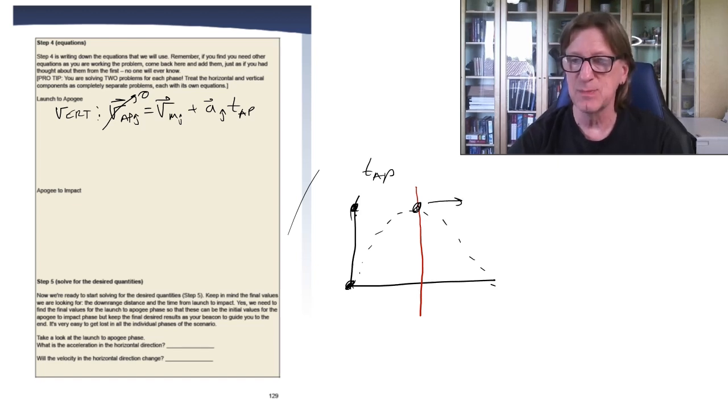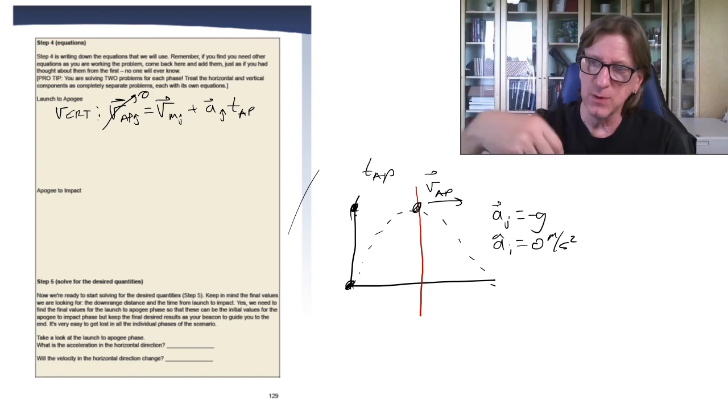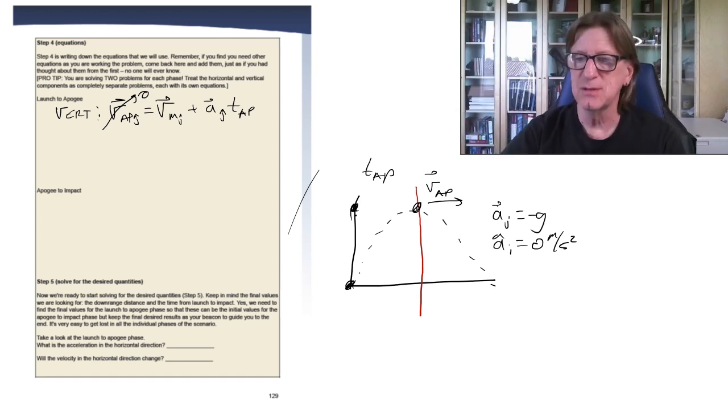So this is my v_ap, remember? It's got no vertical component, but it does have a horizontal component. All right, and so you see that, and then of course, let's remind ourselves that a_j is going to be minus g, and a_i is 0. So my only acceleration is going to be in the vertical direction, and that's going to be minus g, and then I have no acceleration in the horizontal direction.